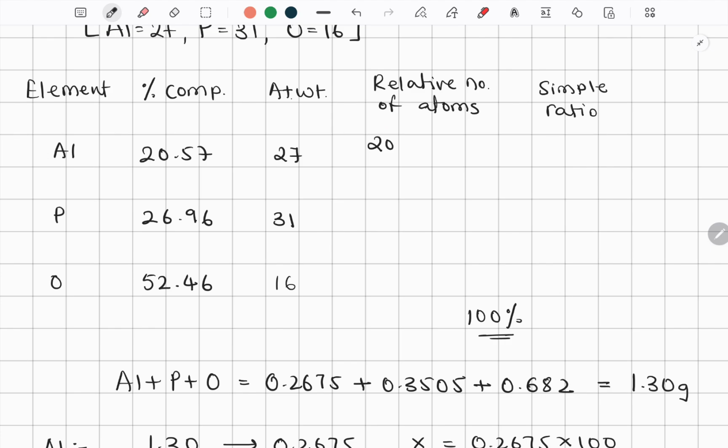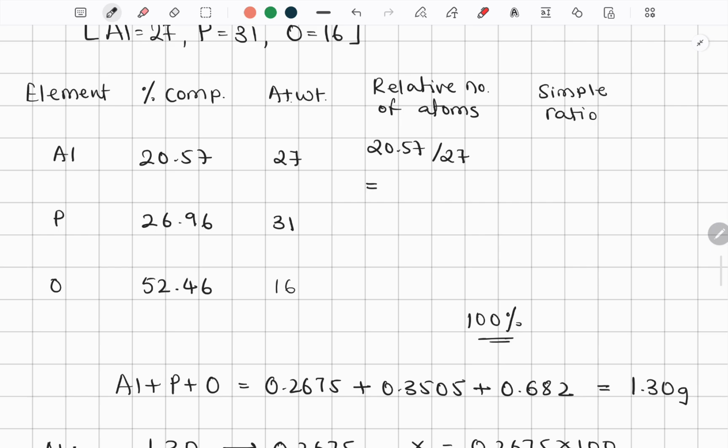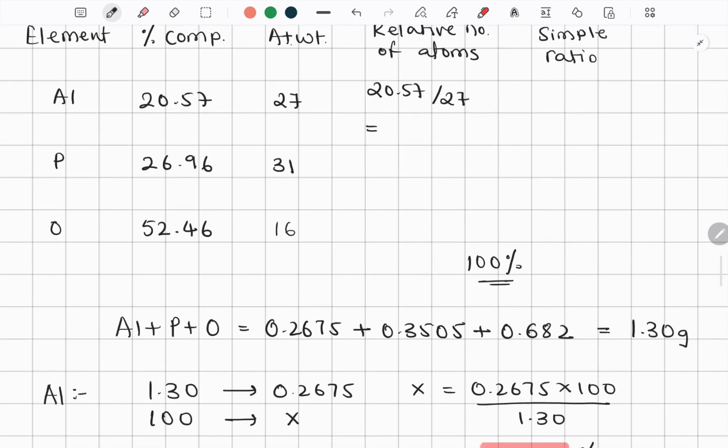So it will be 20.57 divided by 27, then 26.96 divided by 31, and 52.46 divided by 16. We solve these fractions, and in the first part the answer would be 0.7618.